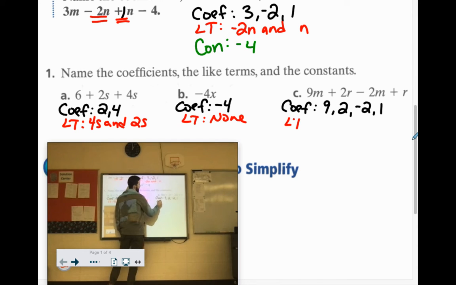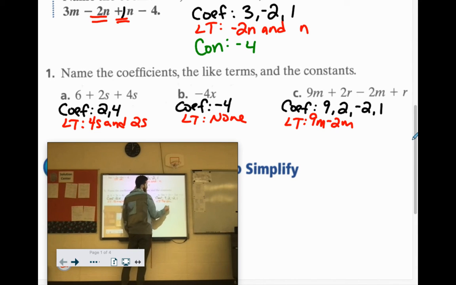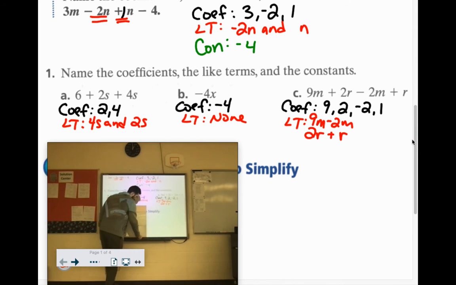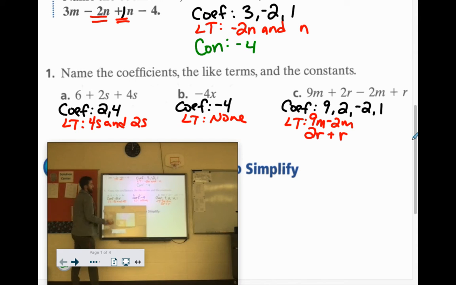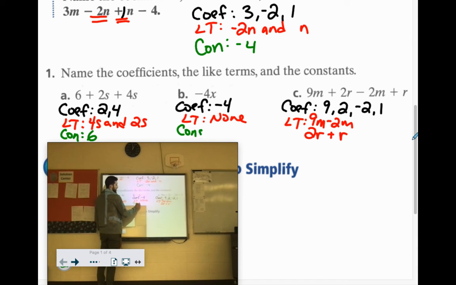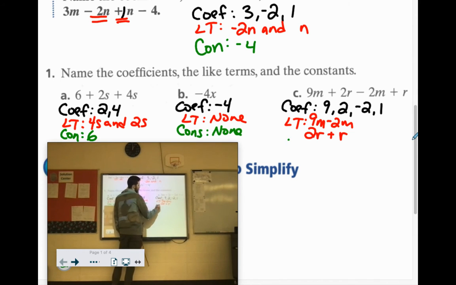And then like terms here, the 9m and negative 2m are like terms. Also the 2r and the r. And last one, constants. 6, none, and none.